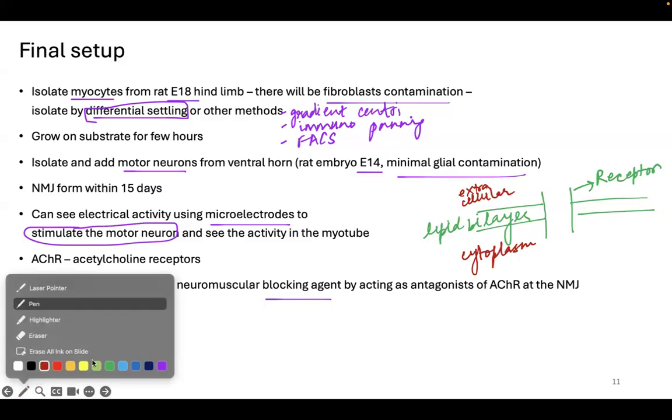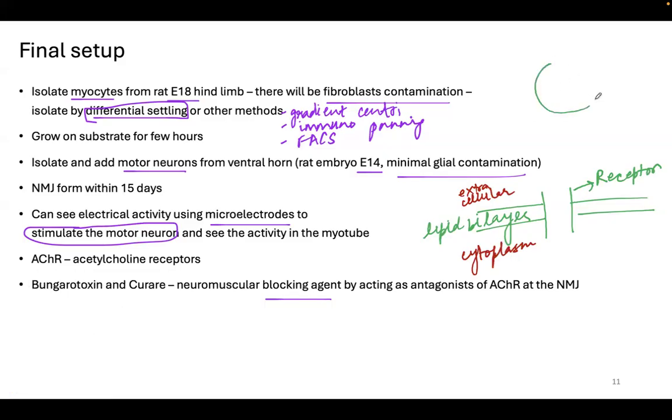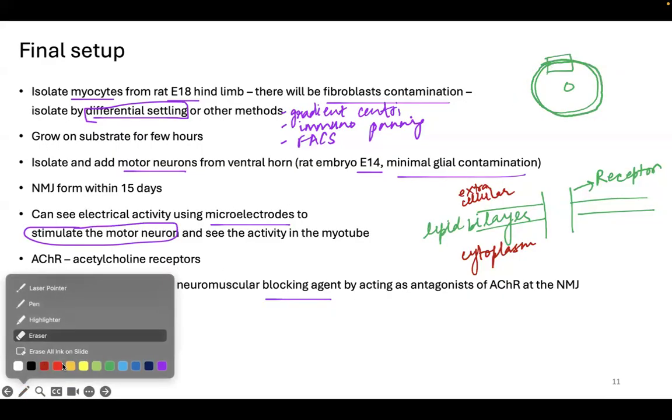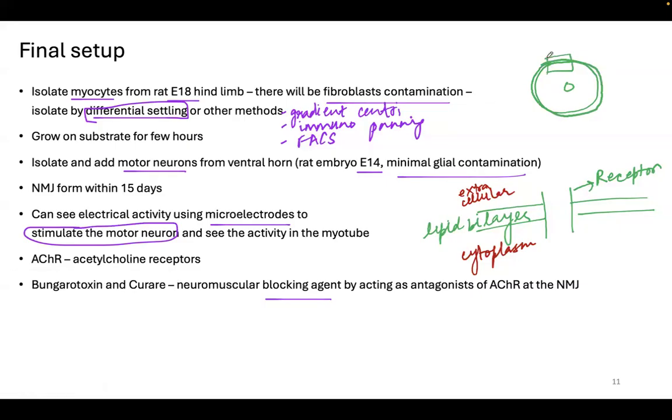So if this was your cell, this is your nucleus, and of course the cell has a lipid bilayer. This is the area that we are looking at in this figure.